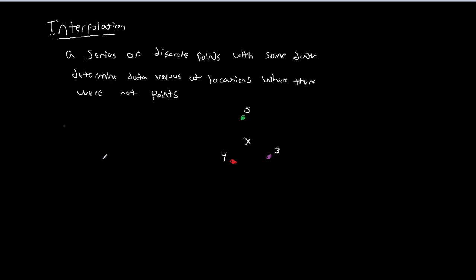And so over this and the next series of videos, we're going to talk about 4 ways that we can approach figuring out what the value of this white X would be.